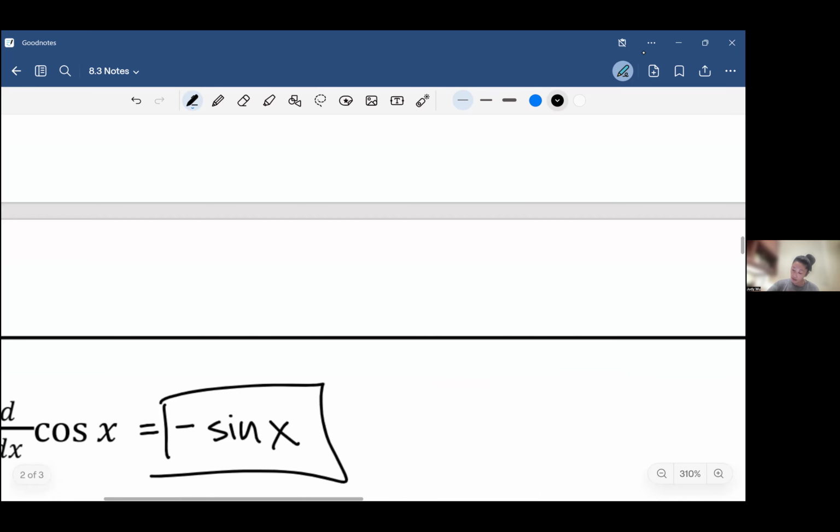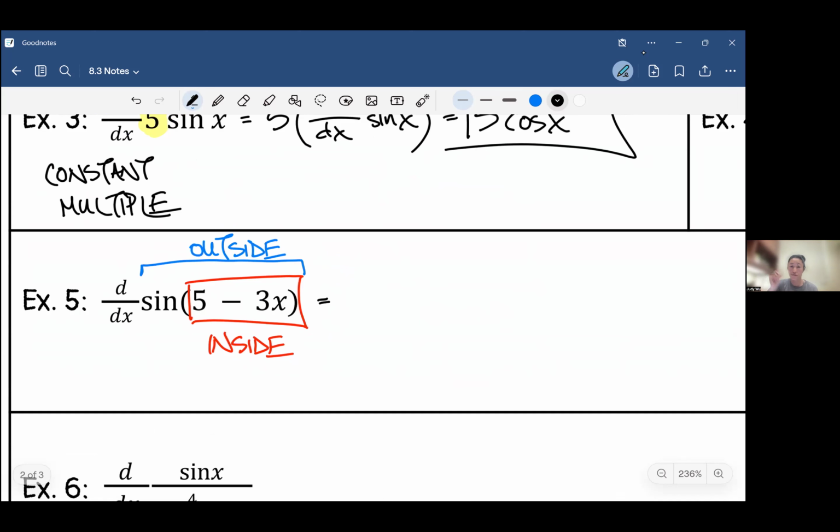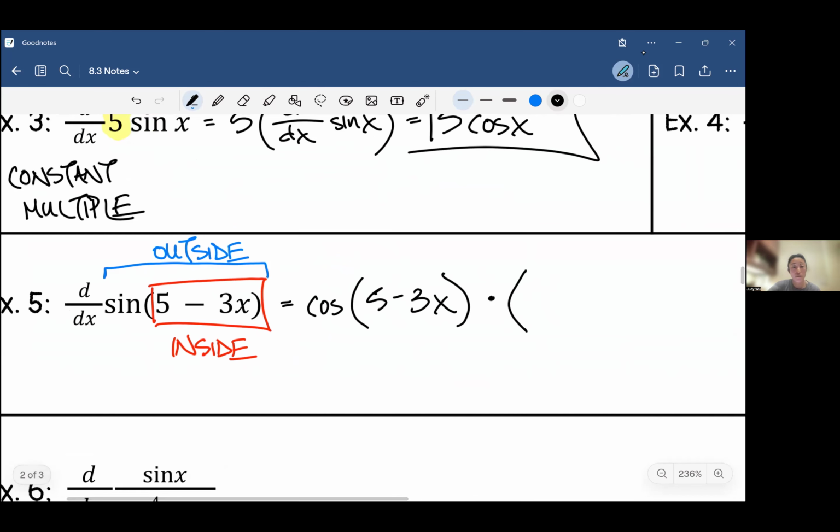So remember, chain rule says we take the derivative of the outside function, so cosine, keep the inside the same, times the derivative of the inside. Derivative of 5 minus 3x is negative 3.